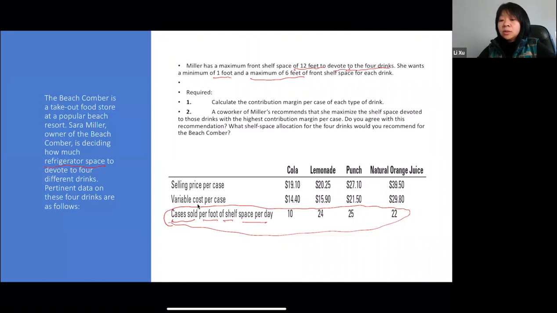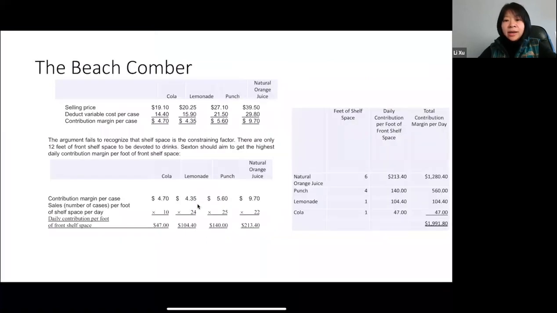First, we should calculate the contribution margin. Contribution margin, just like what we did in the past, very simple. You take the price, you subtract the variable cost of it. Okay, so here, that's what I have. Look at the first table. This is the contribution margin for each product. I take the sales price, I subtract the variable cost, and I get a contribution margin per case.